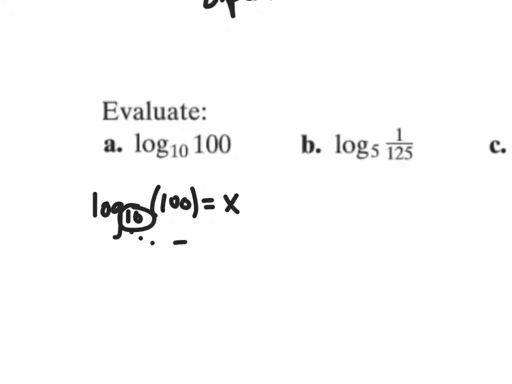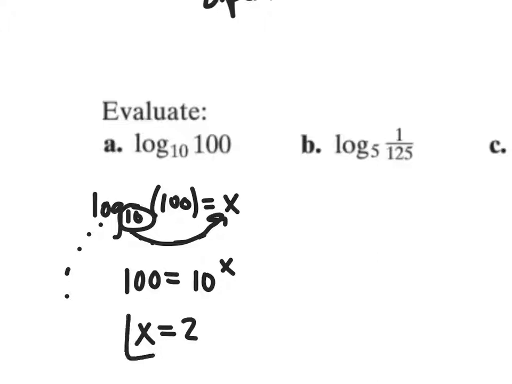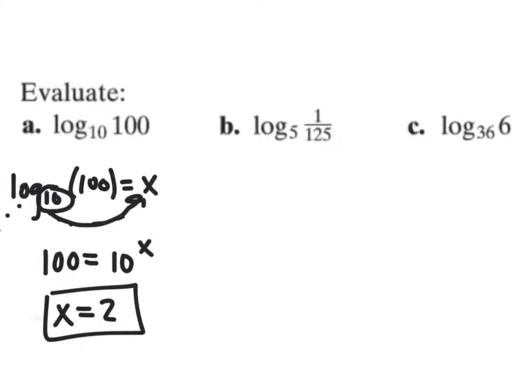So I'm going to take 10, shove that underneath the x, the log drops off, so I get 100 is equal to 10 to the what power. So 10 to the what power gives me 100, and that value, x, is going to be 2. And that's how you evaluate these. So first things first, you set this equal to a variable, which is going to be your exponent, and then you have to figure out what your exponent is. And that requires just thinking.